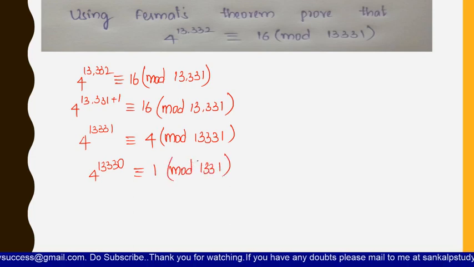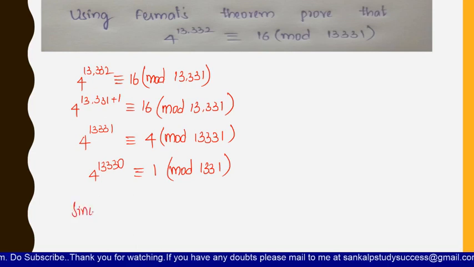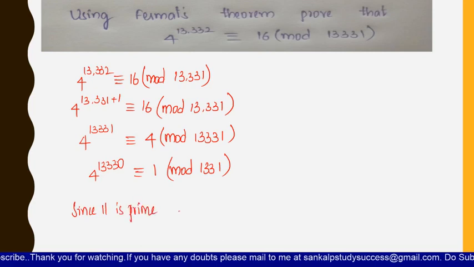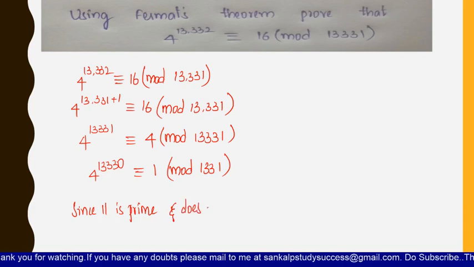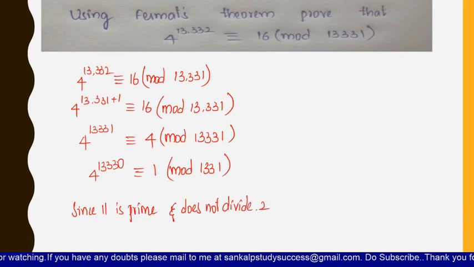So now from these all equations, these are the equations which we got till now. So now let us consider, since 11 is a prime number and 2 does not divide 11, correct? 2 is a prime number and 11 is also a prime number, so it will not divide 11.